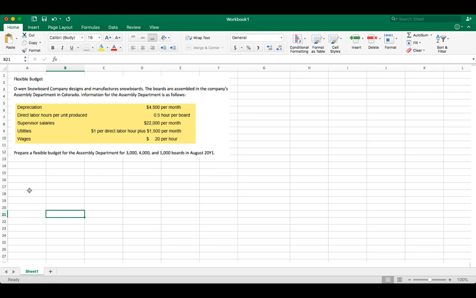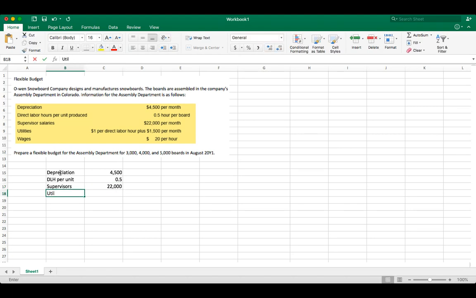So the first thing I'm going to do is put some of these numbers down here so that I can come back to them when I'm doing some equations. So depreciation, we've got $4,500 per month. Direct labor hours per unit is 0.5. We've got supervisor salaries, 22,000.